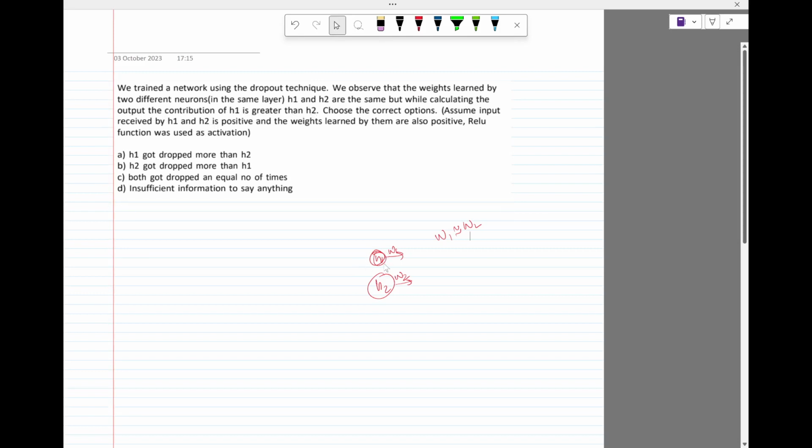So H1 is contributing more than H2. They're saying choose the correct option. So A option is H1 got dropped more than H2, H2 got dropped more than H1, both got dropped an equal number of times, insufficient information to say anything.